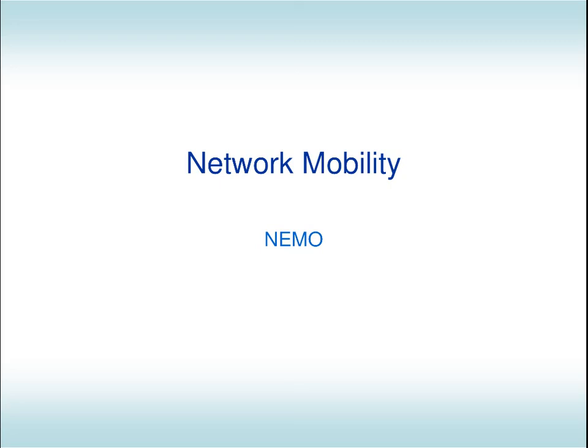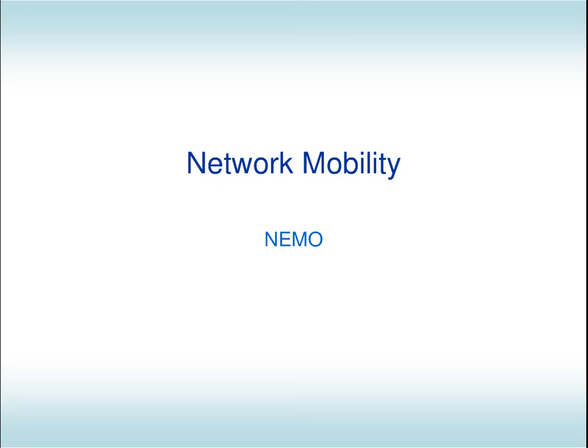The other two topics in this set of slides we're not going to cover. One is about network mobility. That's the case of, with mobile IP, one host moves. Network mobility, or NEMO, is about the special case which extends that. What if an entire network moves? How do we deal with that? It's an extension really of mobile IP, and the name of it is network mobility, or NEMO.